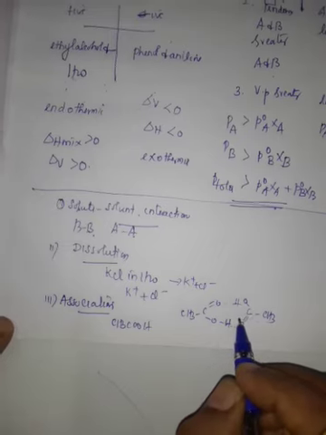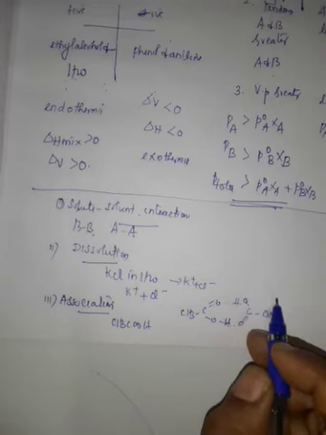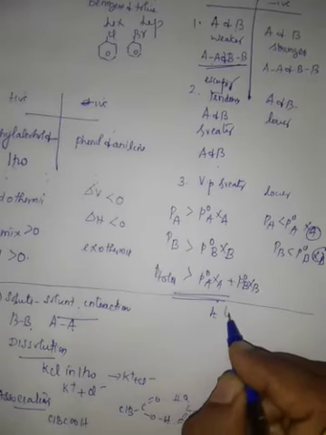So it forms a dimer, so that it deviates from Raoult's law because of the lesser number of molecules when associated. 4th one, temperature.